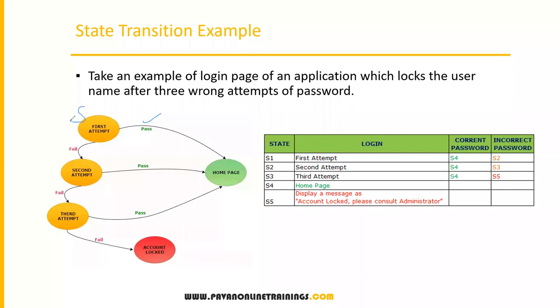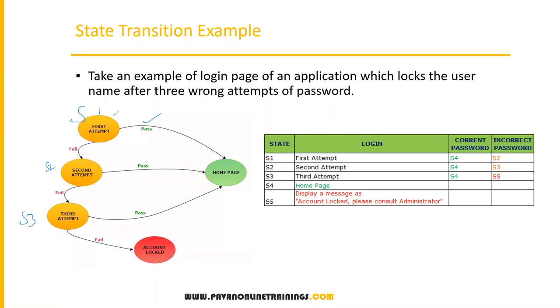So this is state one, this is state two, and this is state three. Each and every attempt we consider as a state: state one, state two, state three. And in every state, we provide some kind of input, valid input as well as invalid input.